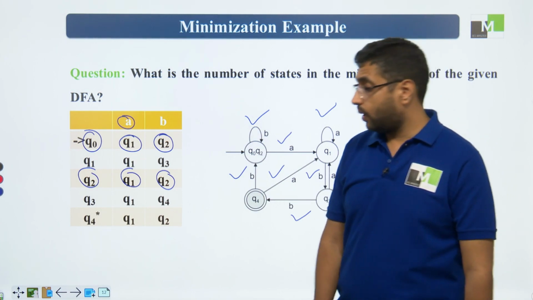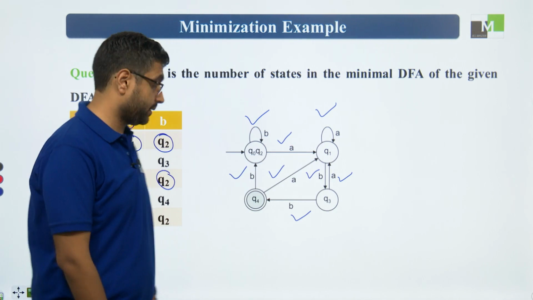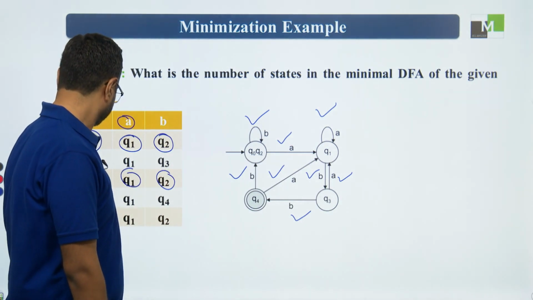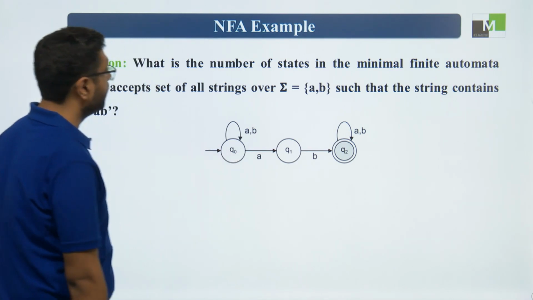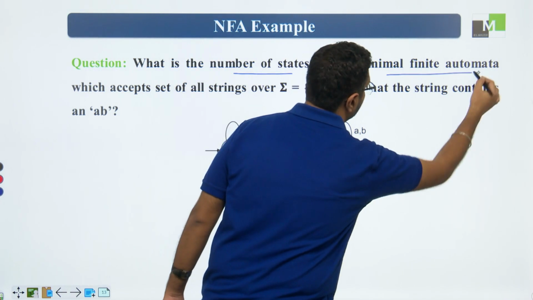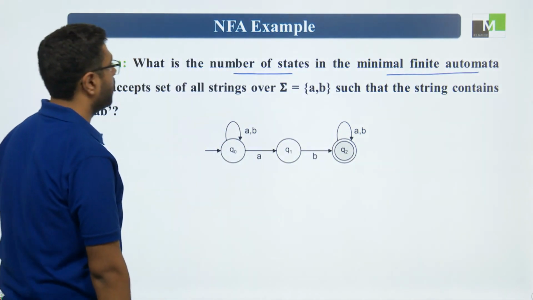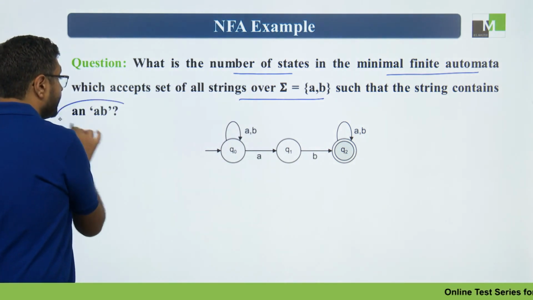All right, now let us see one last example, that is on NFAs. This is the example. What is the number of states in the minimal finite automata which accepts the set of all strings over sigma equals {a, b} such that the string contains an ab?